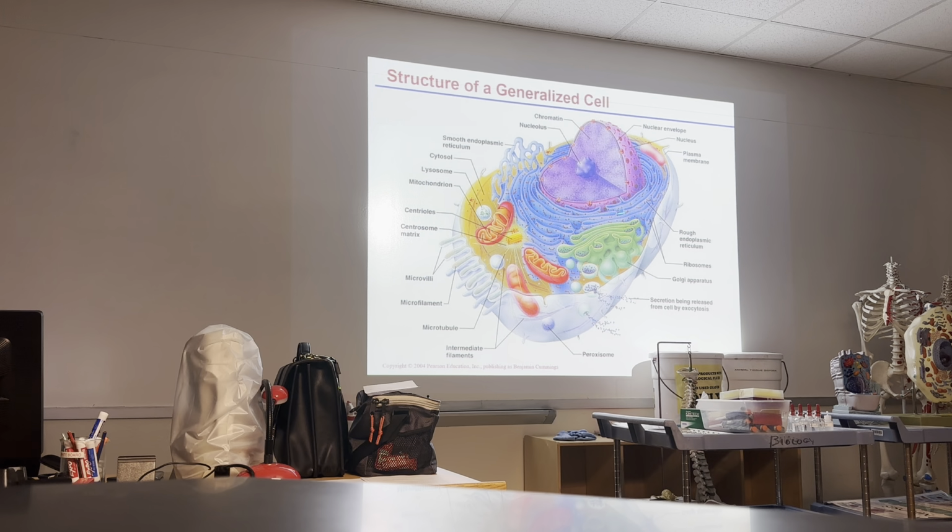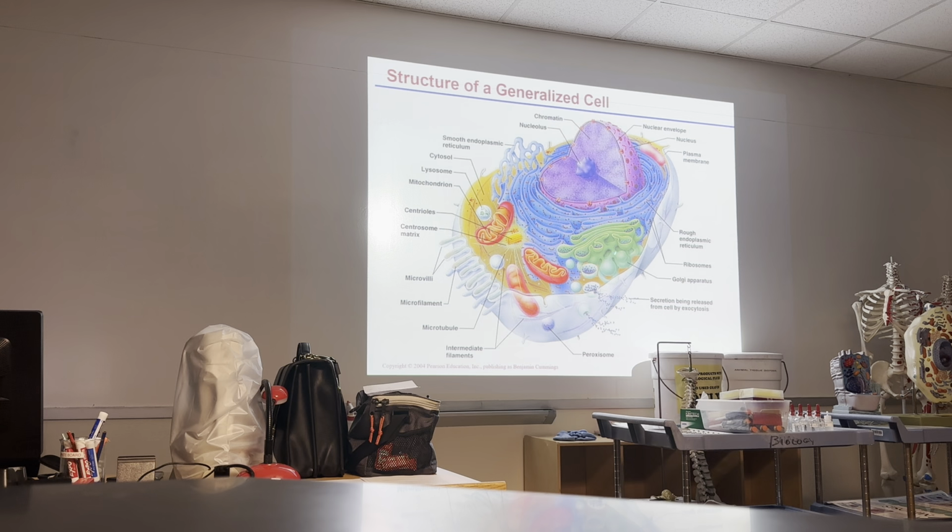So, what is this bunch of little dots everywhere? Okay, then what is this structure here? Rough endoplasmic reticulum. And you're going to have to know what rough endoplasmic reticulum does. They synthesize protein. Then you've got the smooth part here. What does it do? Lysosome, fat.